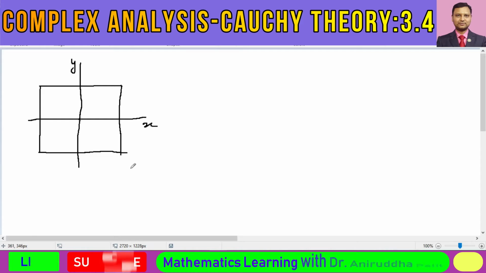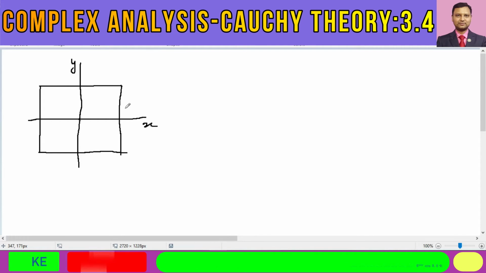Now this is a square in which the straight lines are x equal to plus minus 2 and y equal to plus minus 2.